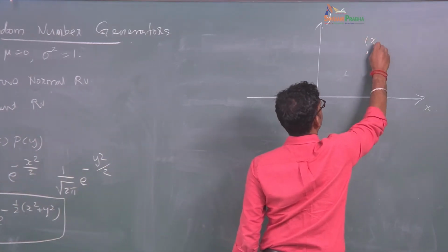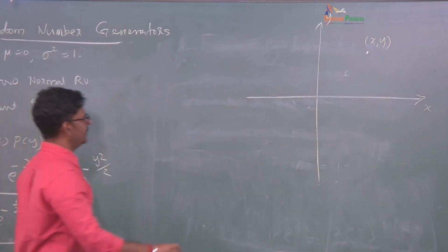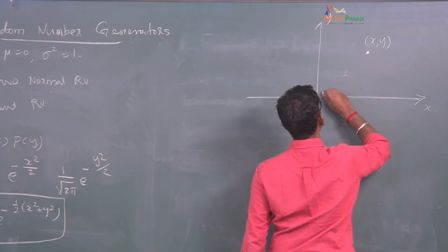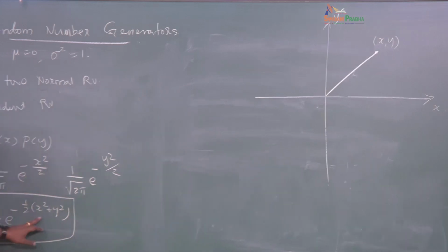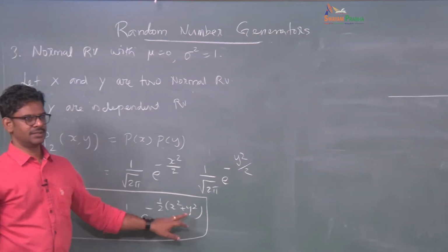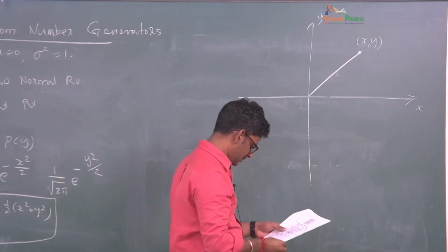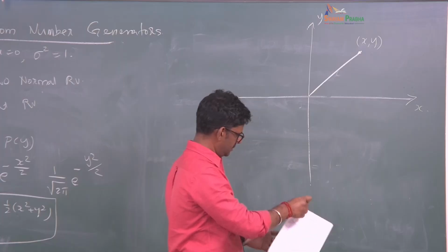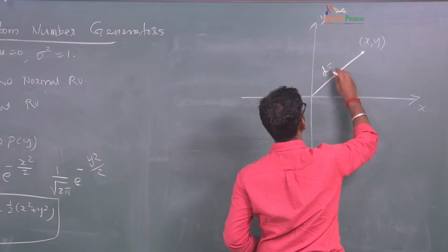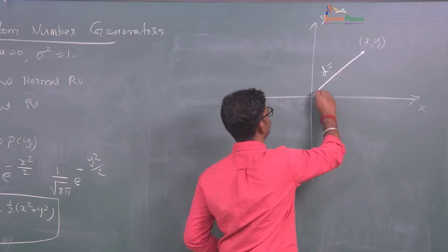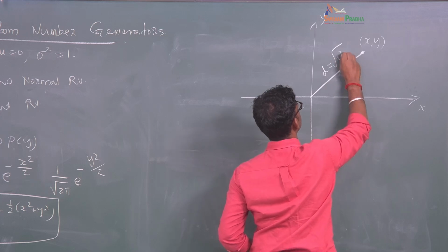A particular xy combination can be shown as a particular point, and then the distance from the origin is nothing but square root of x square plus y square.